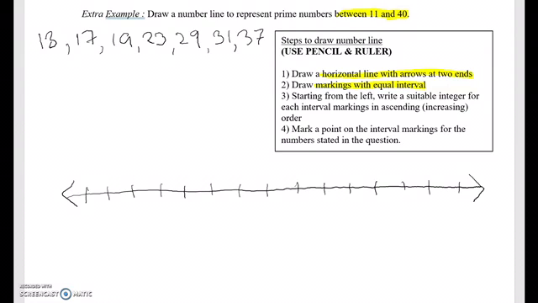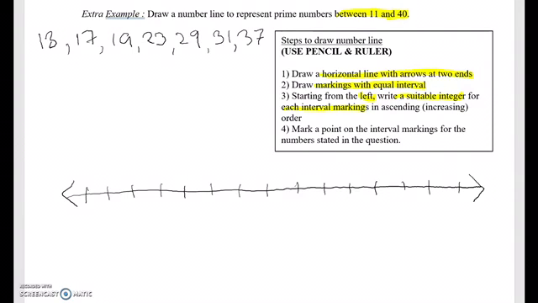Step 3, starting from the left, we need to write a suitable integer for each interval marking in ascending order. We realize that the required numbers have a large gap. The smallest number is 13, whereas the biggest number is 37. Hence, using these markings, it may not be enough.